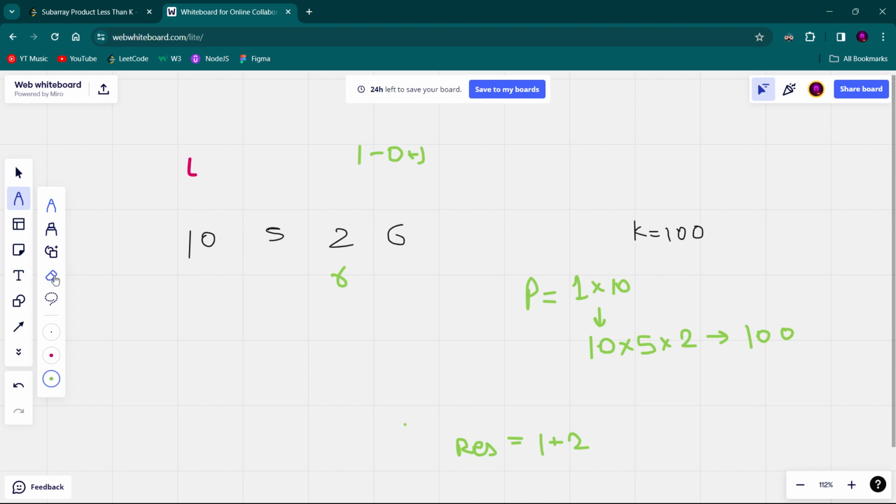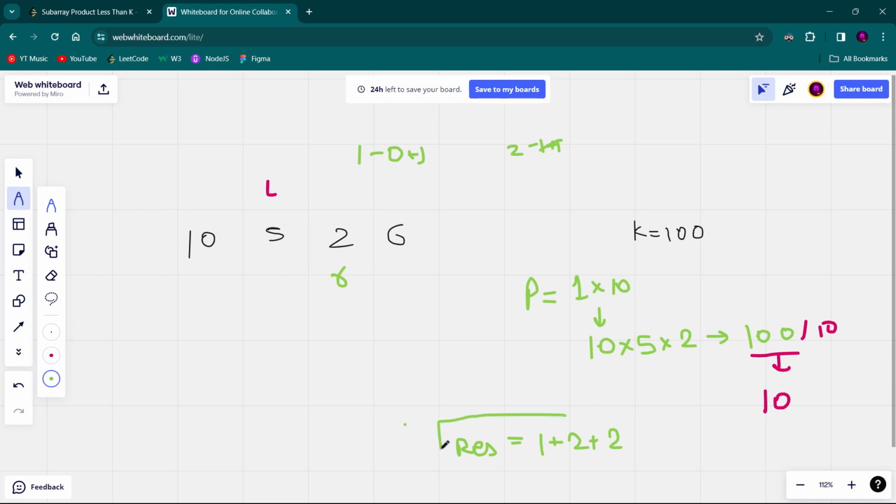So I will keep incrementing L until I find a product that is less than k. I'll increment L and it will reach here. I'll divide the product by 10 because the previous element is 10, so it results in a value of 10. 10 is less than k, so I can form 2 minus 1 plus 1, which is 2 subarrays.